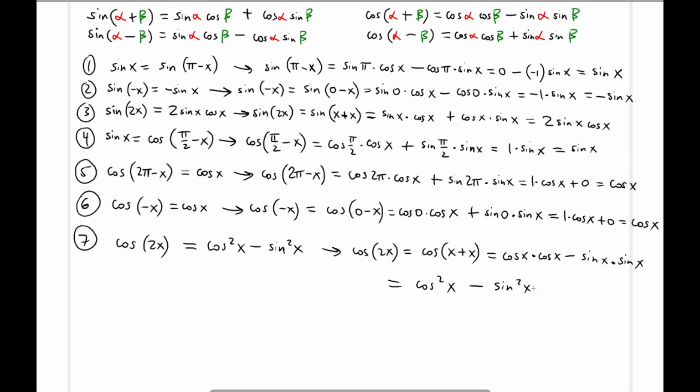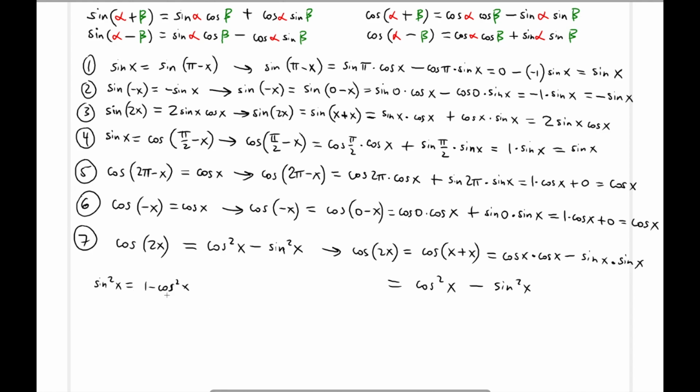Now notice that there's actually something really cool about this. This is not the only value that cosine 2x is equal to, because we happen to know that we can use the formula for sine squared x. We can use the formula 1 minus cosine squared x, right?